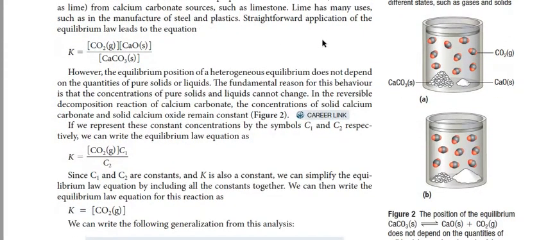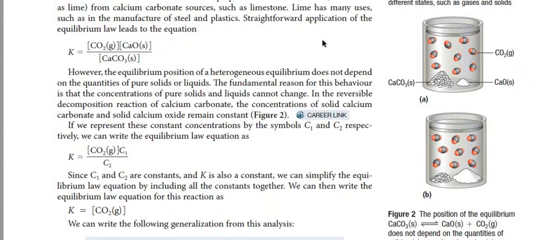However, the equilibrium position of a heterogeneous equilibrium doesn't depend on the quantities of pure solids or liquids. The fundamental reason for this behavior is that the concentration of pure solids and liquids cannot change. In a reversible decomposition reaction of calcium carbonate, the concentration of solid calcium carbonate and solid calcium oxide remain constant.